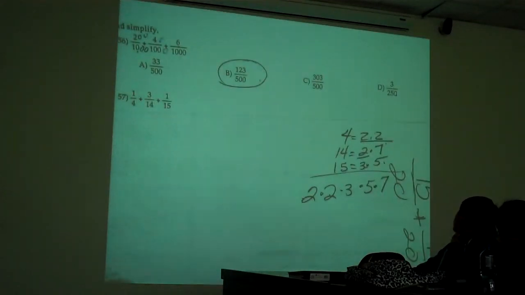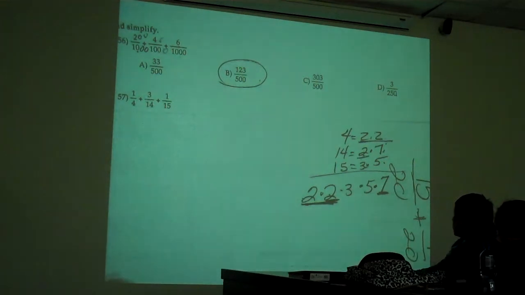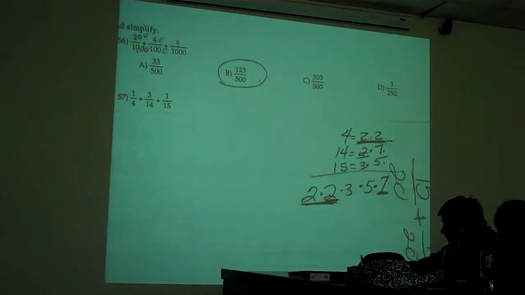How come you only need 2? Because 4 will go into it here. And 2 times 7, you could reuse this 2, and 14 will still go into it. You don't need all of them because you need to just make sure you have enough. But doesn't it have to be in the 15 as well? In order for you just to bring down the 2, it has to be in all 3 numbers?